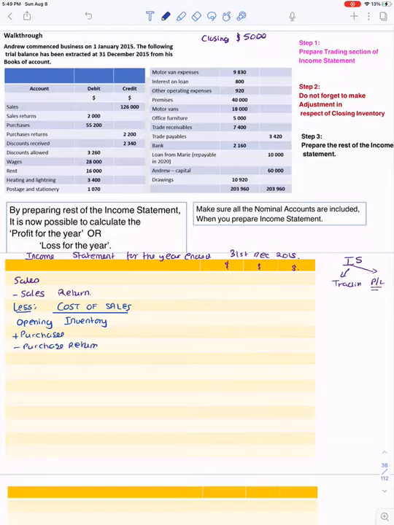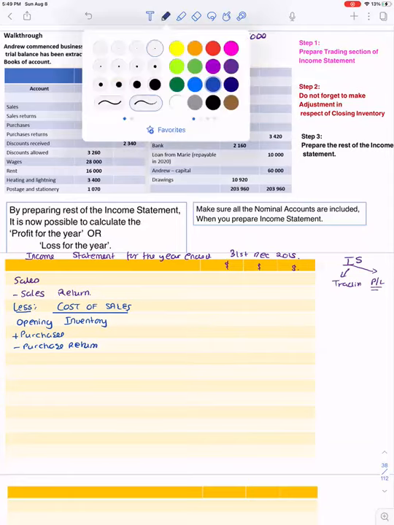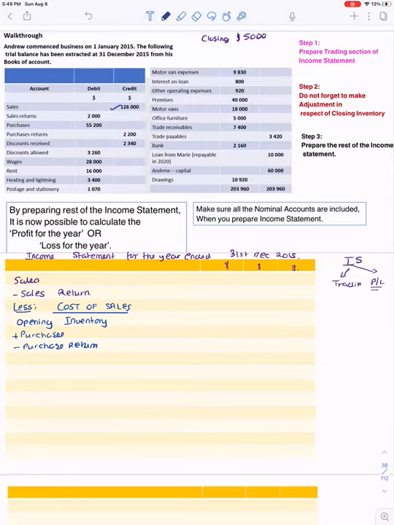Let me put the figures for this. My sales is 1,26,000 minus the sales return. This would give me my revenue of 1,24,000. I don't have the opening inventory, so I'll just put a dash for the opening inventory.